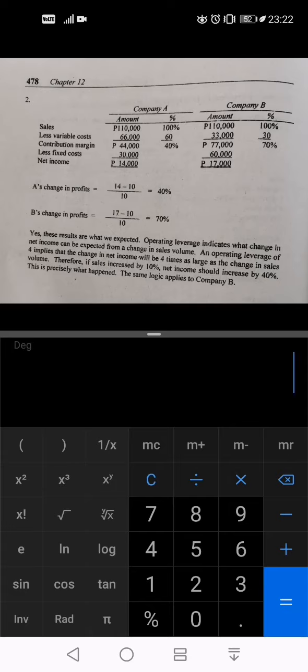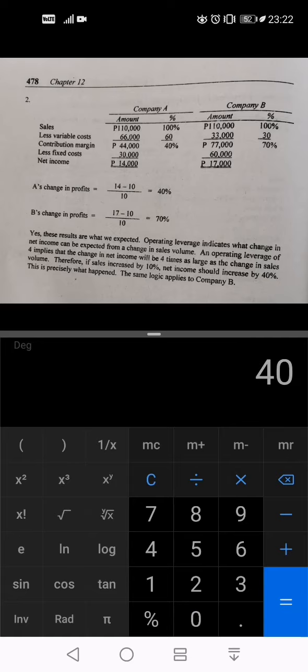For company A's change in profit, 14 less 10 equals 4, divided by 10, times 100.